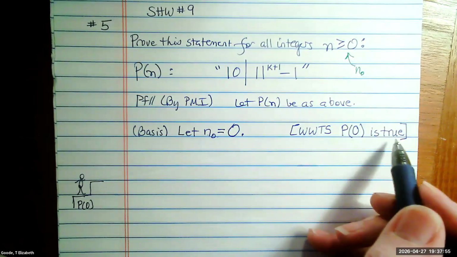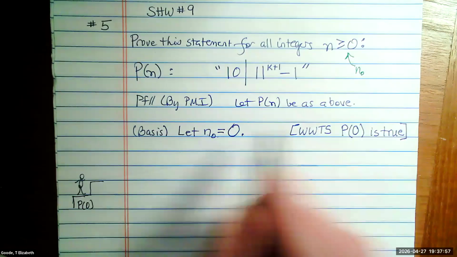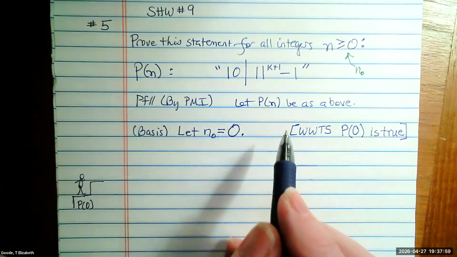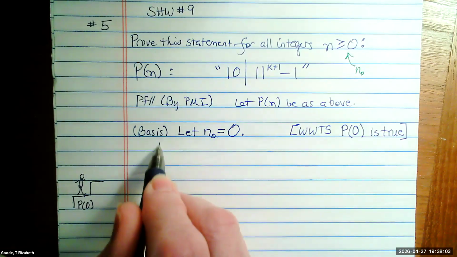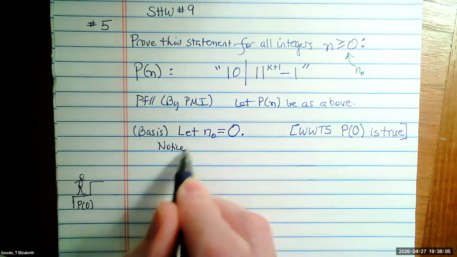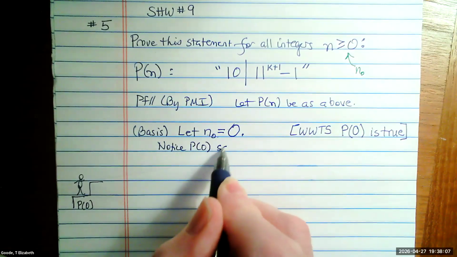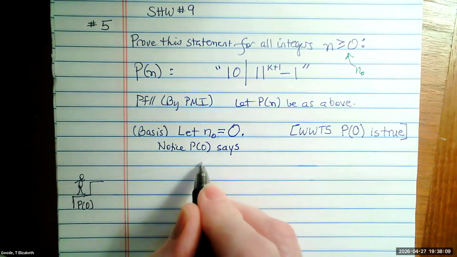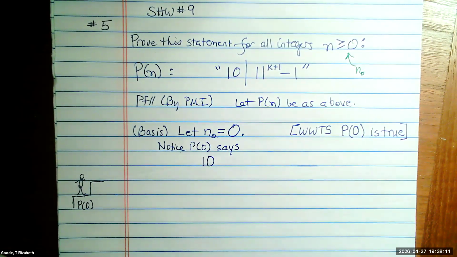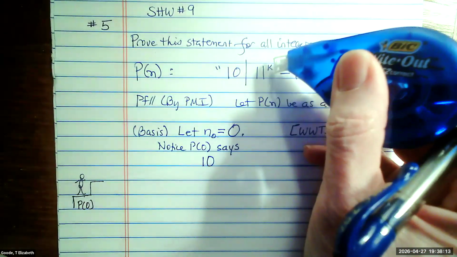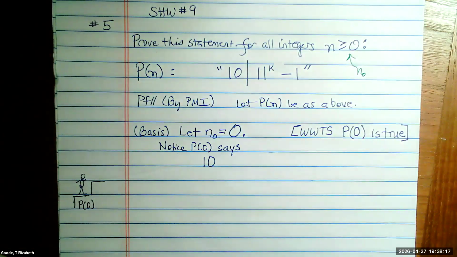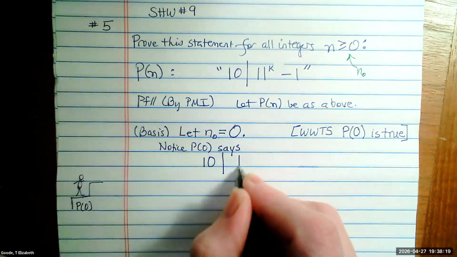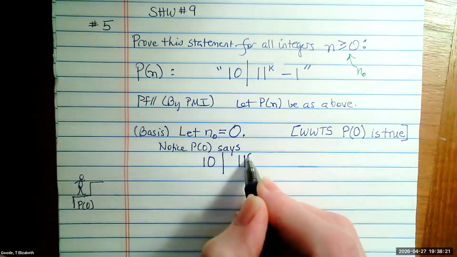Now, what is the statement P of zero? Notice P of zero says 10 divides 11 to the zero.